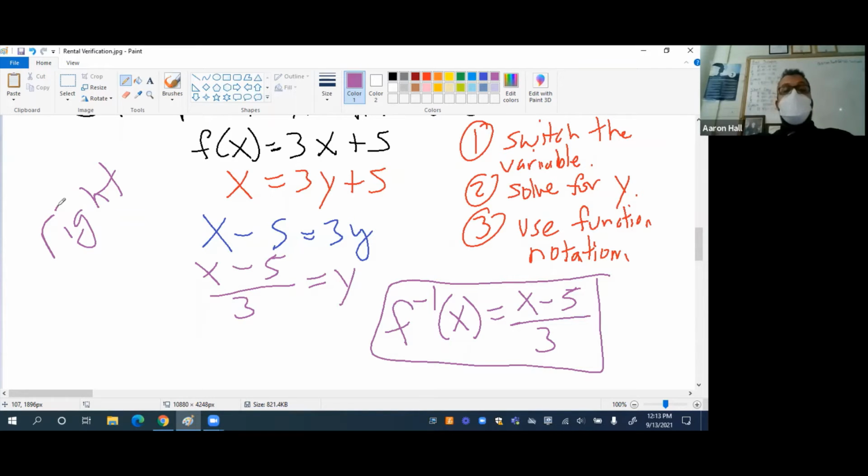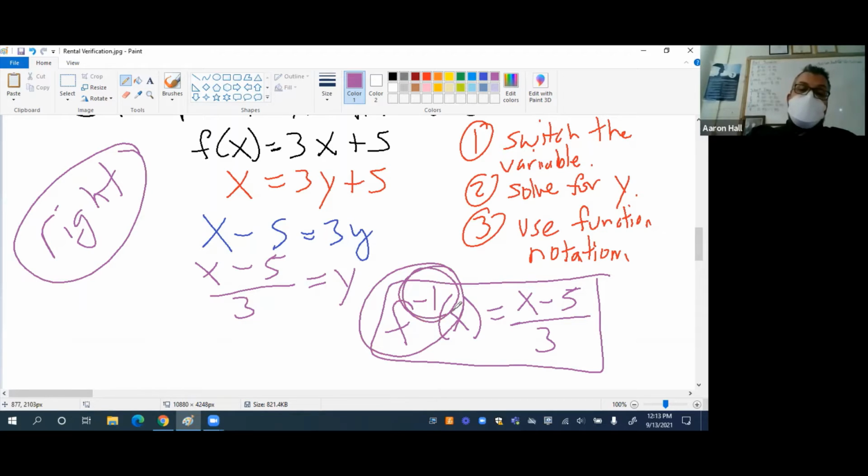There are multiple meanings for right, and that's my point. The superscript has more than one meaning. The superscript means the inverse. So that's how we write it.